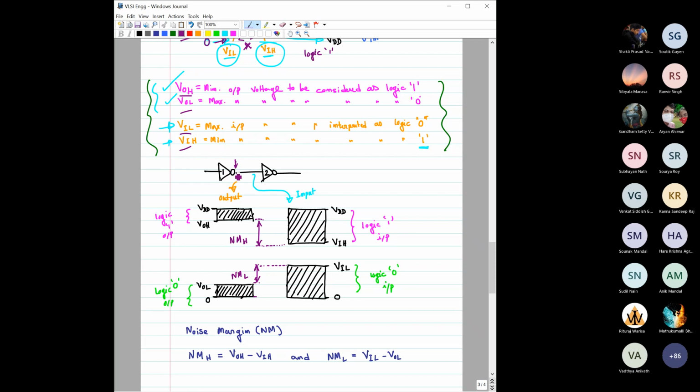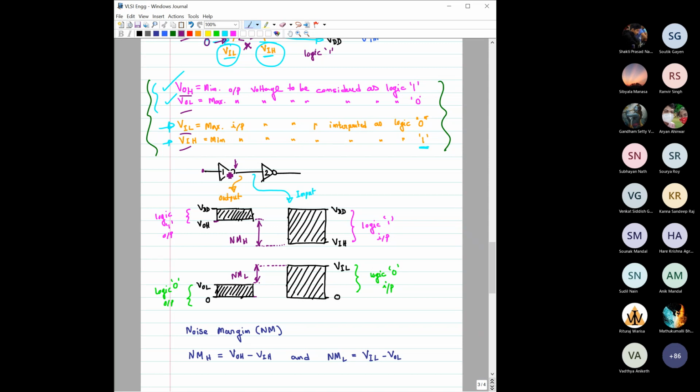Output of first inverter, it might be what? It might be anything, right? Depending on the input voltage or the construction of this inverter, it might be anything between VOH to VDD, right? That's how we have defined.